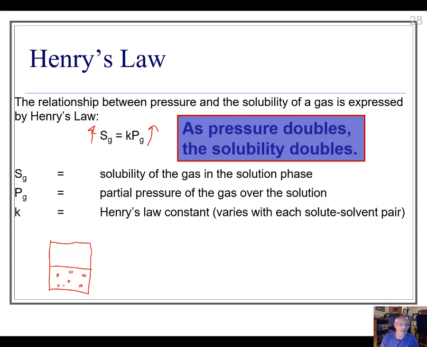Okay, so there's 1, 2, 3, 4, 5, 6, 7, and then I've got some partial pressure here of gas that's sitting above the liquid surface in the headspace, and this is just where the gas is free. It has a certain vapor pressure up here, but we're going to make this special.